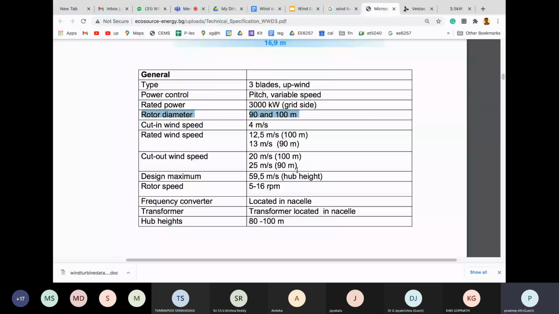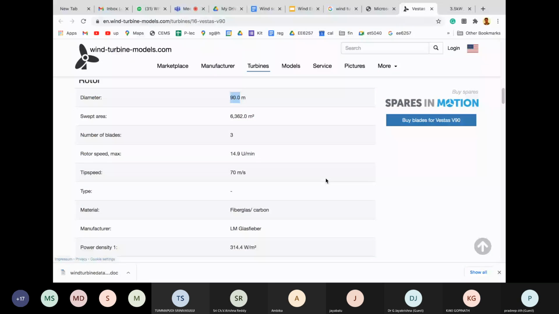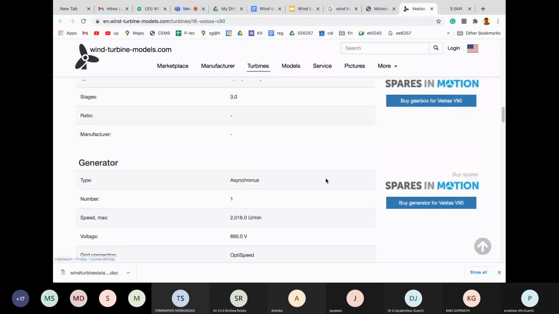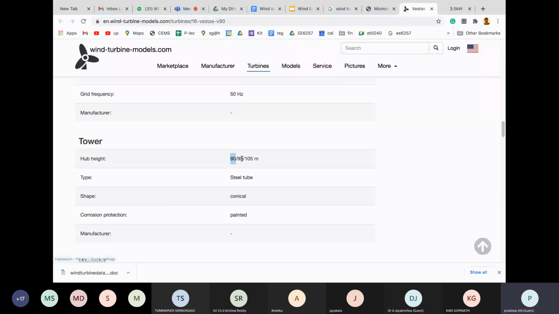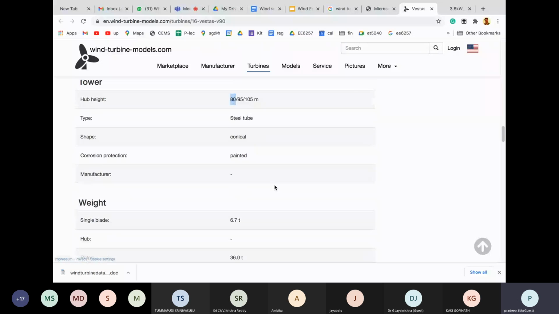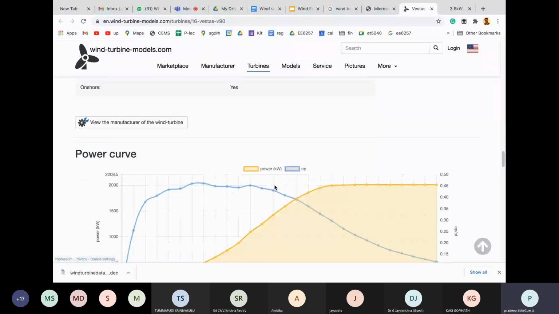So let's see what is the height. The height is only 80 here. So 80, 95 and 105. At 80 height, you will be generating less. Like this, you will get some information.